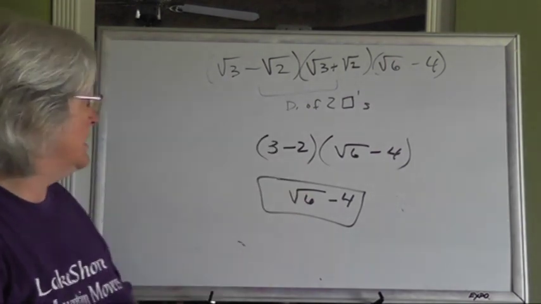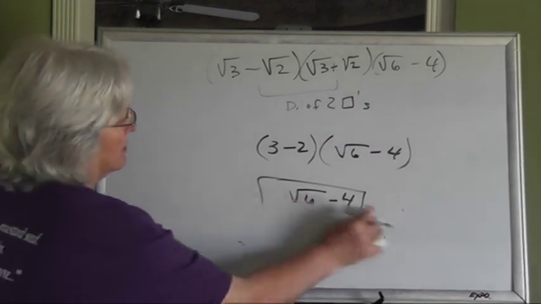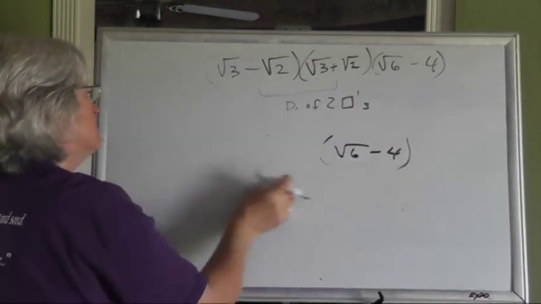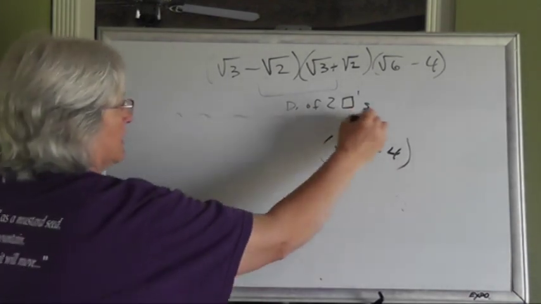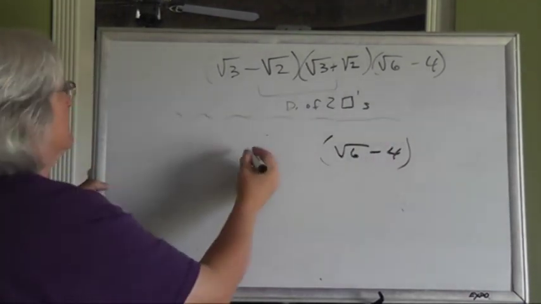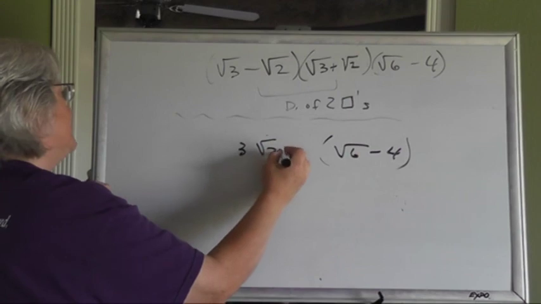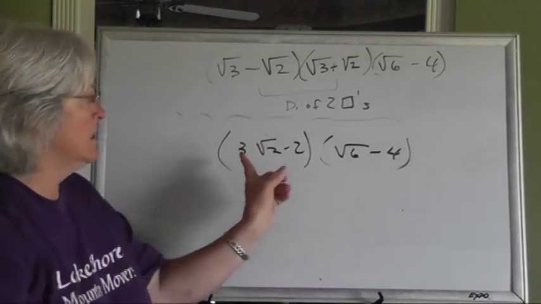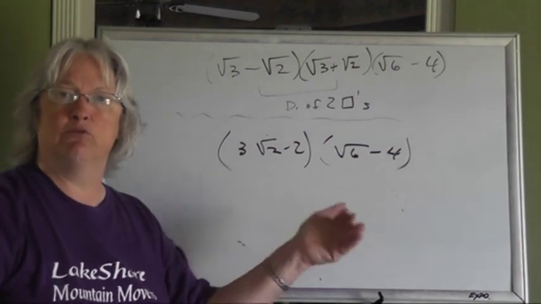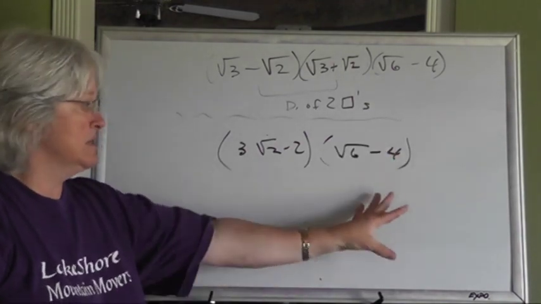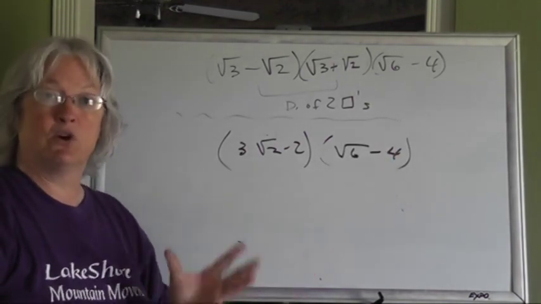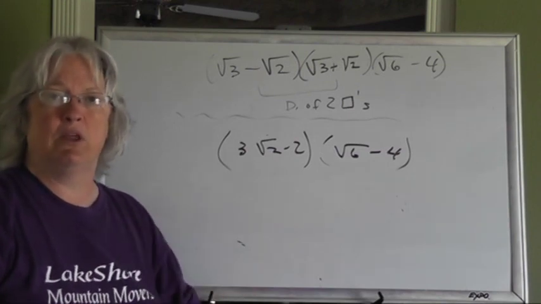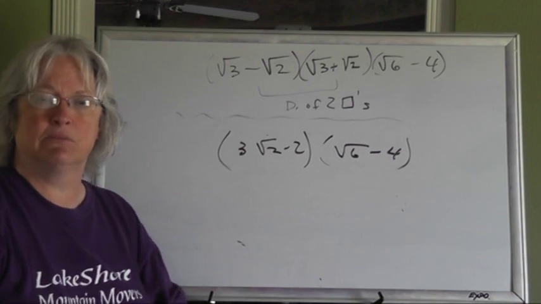But if this product had been, kids, I'm totally making something up, 3 times the square root of 2 minus 2, then you would just go ahead and repeat that FOIL, simplify and combine like terms, and that's all there is to multiplying these radicals. I know you can do it. You should be breathing a little bit easier in this section. That's all there is.